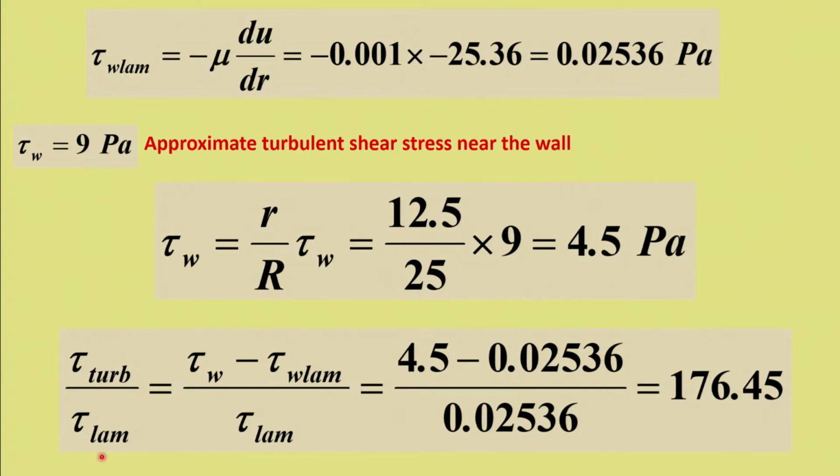So tau turbulent upon tau laminar is nearly 180 times. The laminar shear stress is very, very minuscule compared to the turbulent shear stress. That's the reason that when we derived the friction factor relation, we did not take laminar shear stress, we just took A log y plus B.